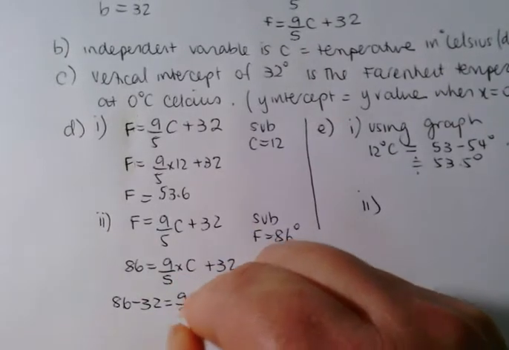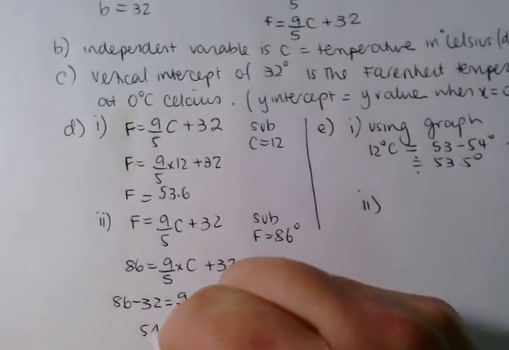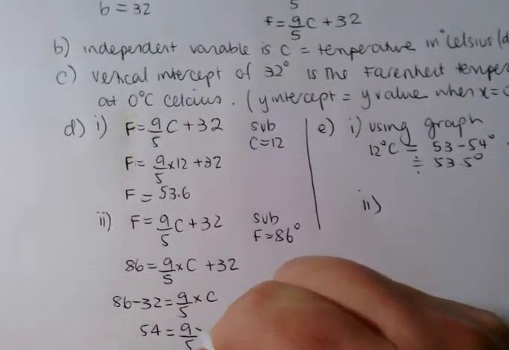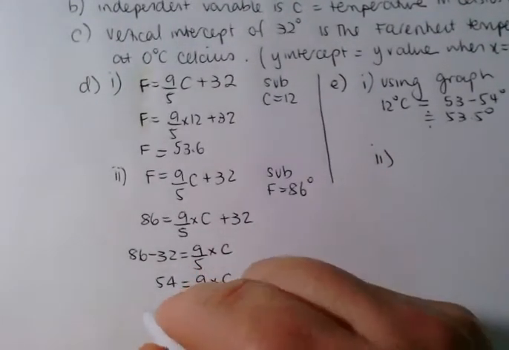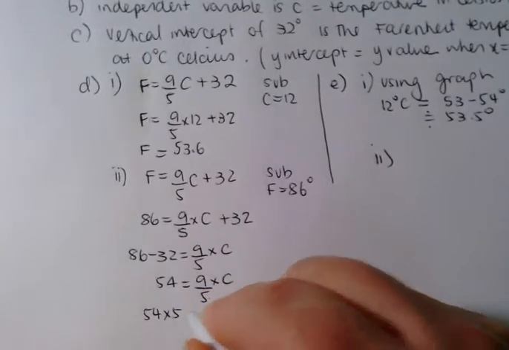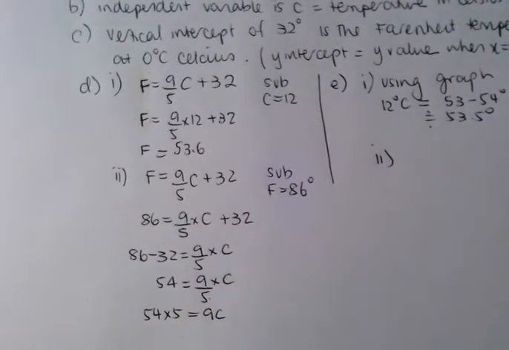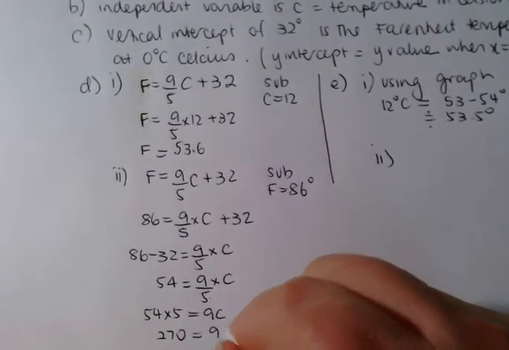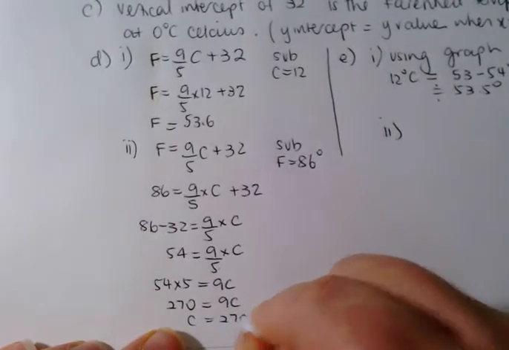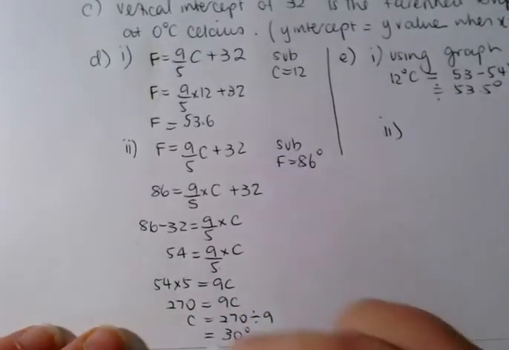So that's 9 over 5 times C, and 86 minus 32 is 54, equals 9 over 5 times C. Now we would multiply by 5, so 54 times 5 equals 9C, and then we would divide by 9. So 54 times 5, that's 270. And C would be 270 divided by 9, which is 30 degrees.